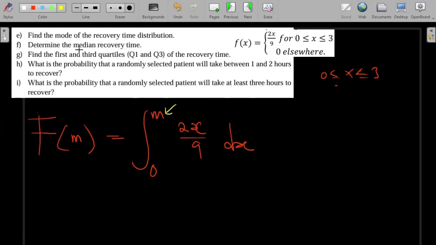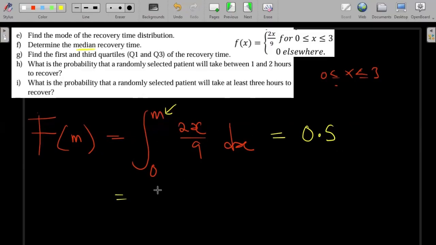So my m here is what we want to find. We know that the median is the value that divides the data into 2 equal parts, right? So if I'm finding my median here, it means that my CDF should equal 0.5. That's how we're going to find this m here. Now let's integrate this part and then equate it to 0.5 and find the value of m.